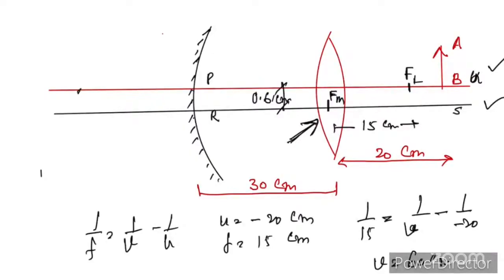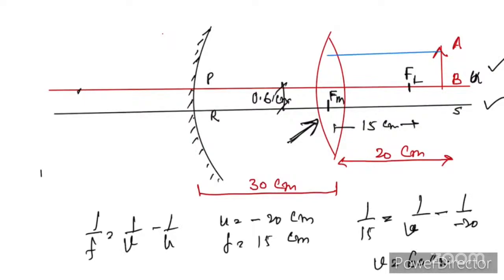Now, the image formed by the lens is 60 centimeter, and that too plus. Then that means it will be on the right side of the lens. Let us draw this image, how it is going to form.